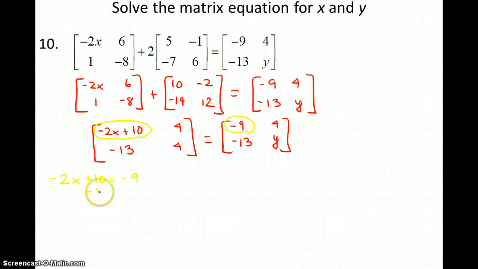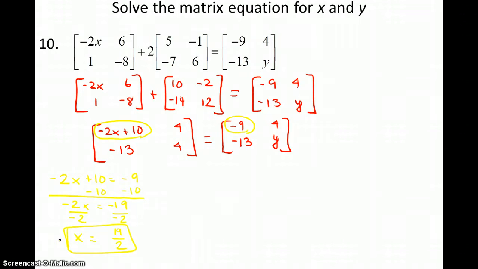Solving for x, we'll subtract 10 on both sides and get negative 2x is equal to negative 19. Dividing both sides by negative 2, x is equal to negative, or positive, just kidding, making sure you're paying attention, 19 over 2.